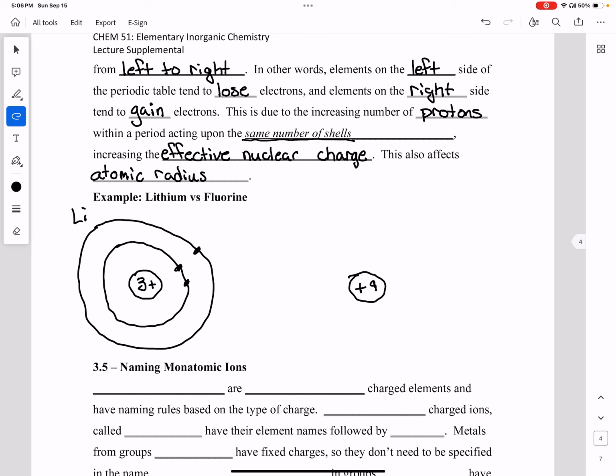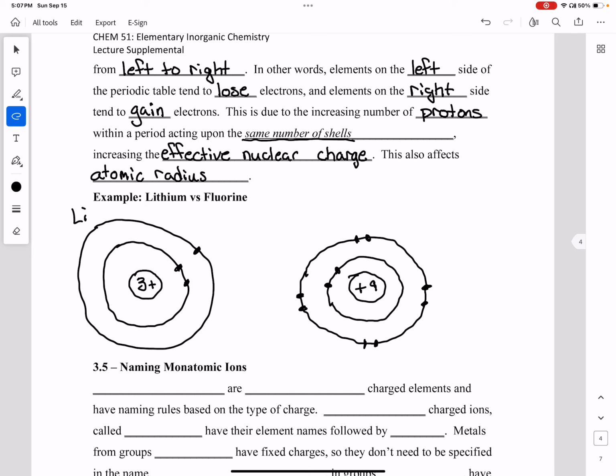We've still got the same number of shells. So since you have that +9, those shells are going to end up being a little bit closer. They're being pulled in more by that nucleus. I know this is barely smaller in the drawing, but it's supposed to be significantly smaller.